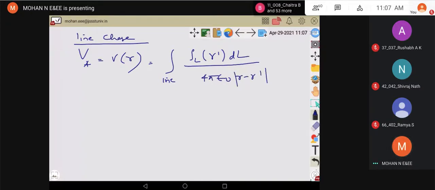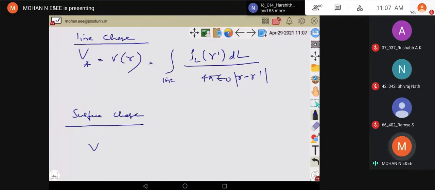Okay, so rho L is not constant here, it is varying with respect to the distance.